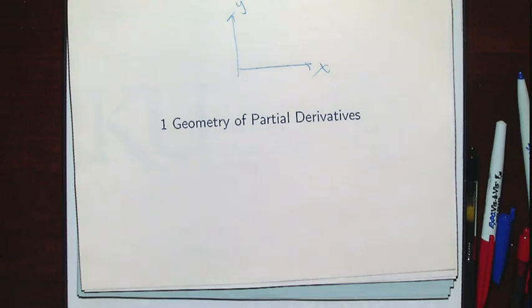A cross section with y equal to a constant fixes y. So the curve that you get only depends on x. The curve changes with x, not with y anymore. The cross section y equal to a constant gives you that curve. And then I can take the derivative basically with respect to x.